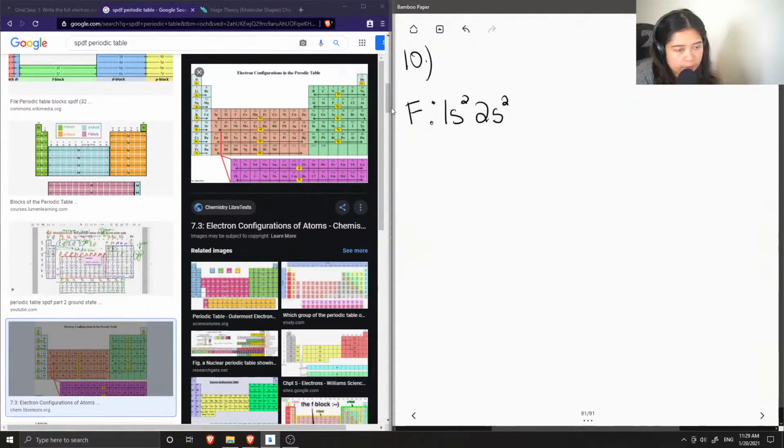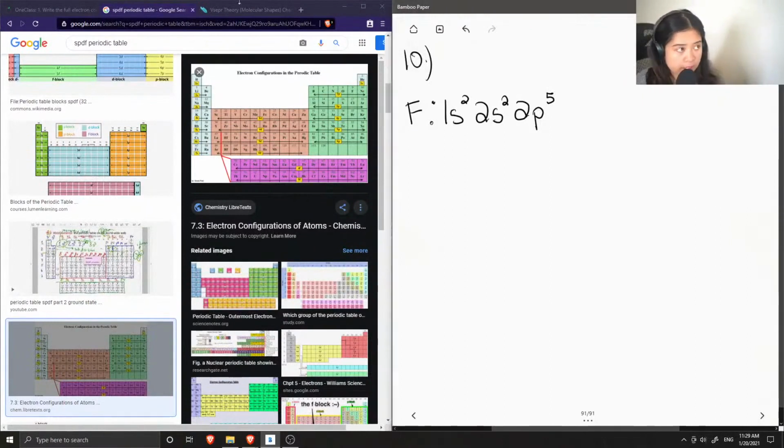And then moving across to the 2p orbital, we count out up to the fluorine how many electrons would be in this orbital. For a fluorine atom, we have 1, 2, 3, 4, 5. Okay, so 1s2, 2s2, 2p5 is the full electron configuration of a ground state fluorine atom.